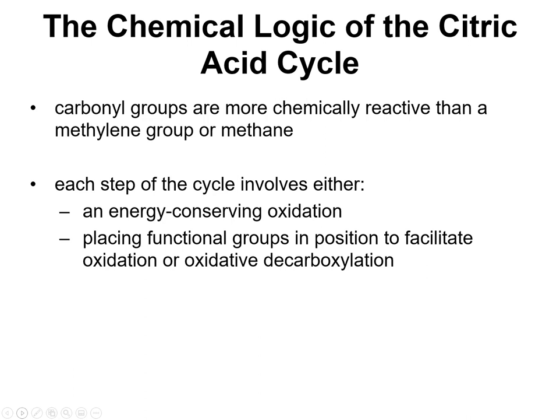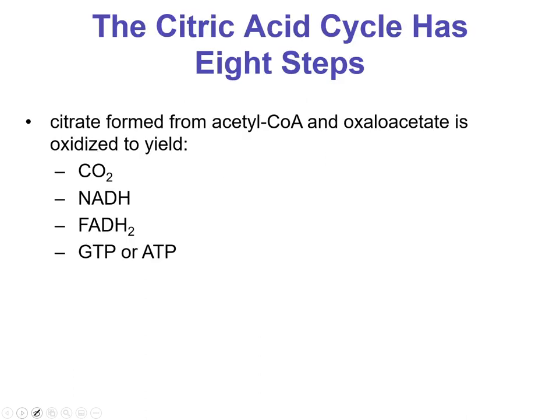And then each step of the cycle, we're adding some kind of energy conserving oxidation, or we're replacing functional groups to facilitate that oxidation. So each step is very much calculated to release energy and be favorable.